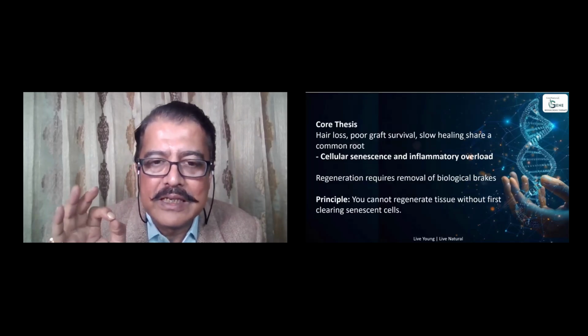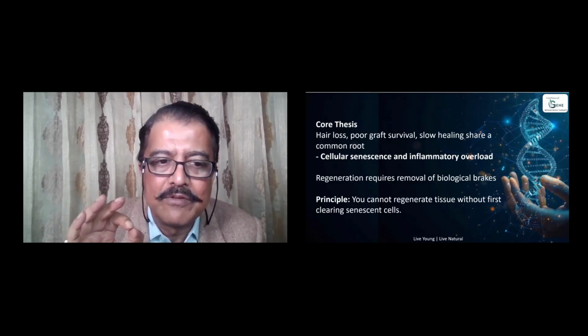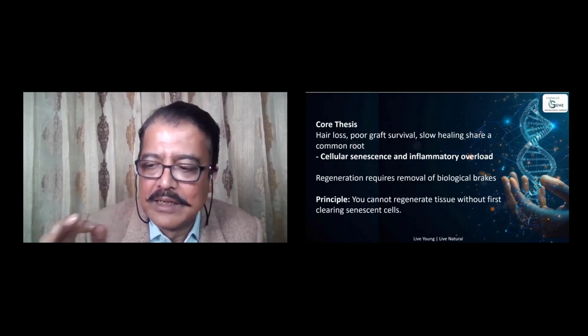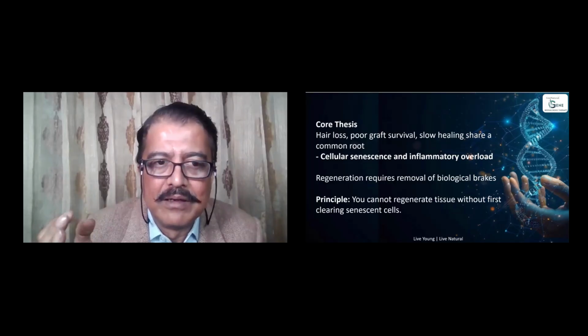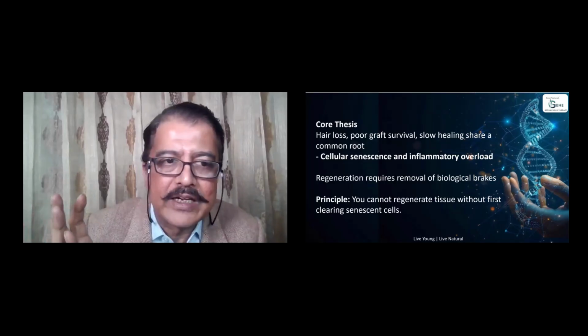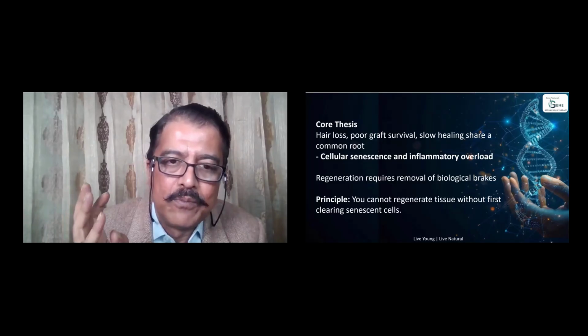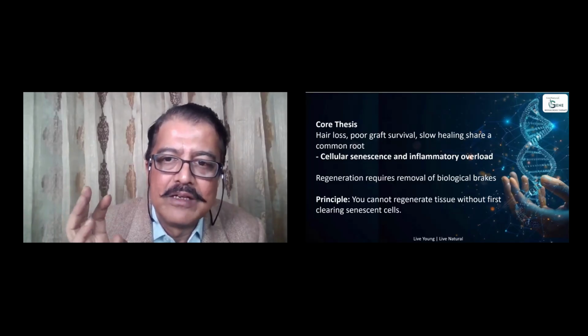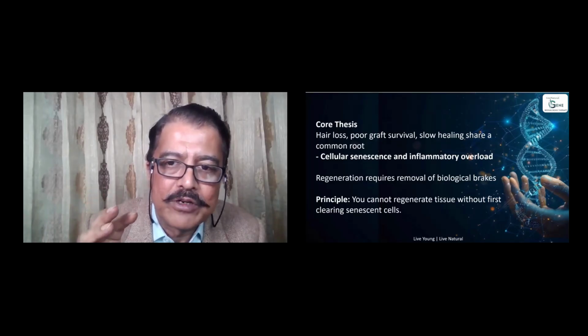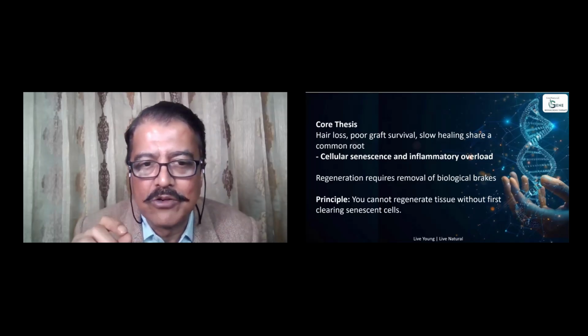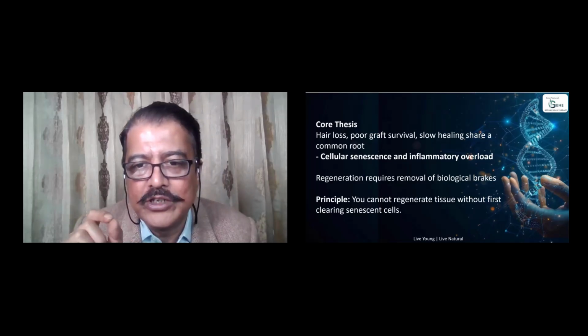The core thesis here, or the core principle, is that when we are doing hair transplant, we have to factor in that hair loss, poor graft survival, slow healing all play an important role and they all share a common root. That is cellular senescence and inflammatory overload.